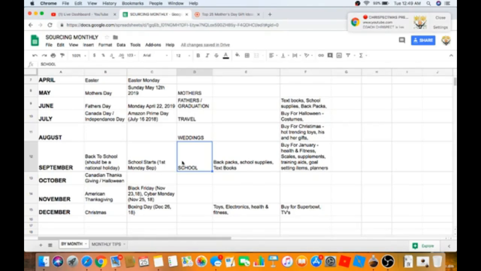In some cases, if the product is extremely hot, and it's a birthday or the Christmas holiday season, New Year's, costumes, Halloween, people will sometimes pay up to 100% more.